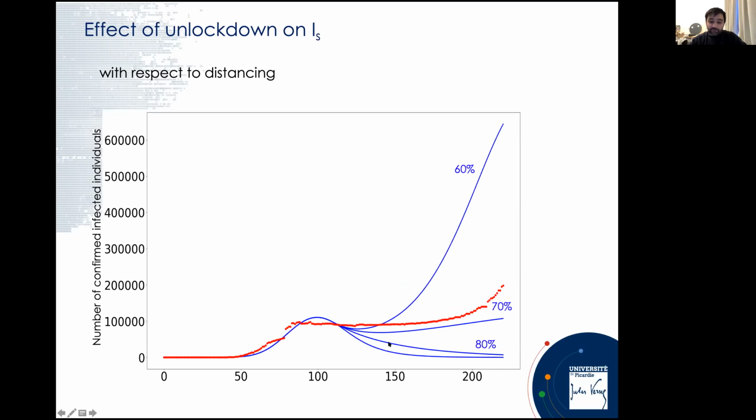And what about the infected individuals? It's the same. Here I put the data a little bit longer because now I have the data, but we did the simulation much before that, just before the end of lockdown. If you compute the compliance, it is around 64.